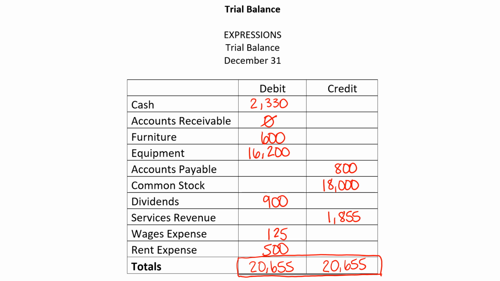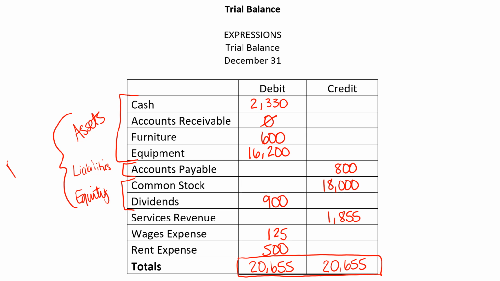A couple of things that I want to point out here with a trial balance. The trial balance is where we get the numbers for the financial statements. So when we're preparing the financial statements in just a minute, we pull numbers directly from the trial balance. If you look at the way the trial balance is laid out, you notice first you have assets, then liabilities, then equity. Those make up the balance sheet.